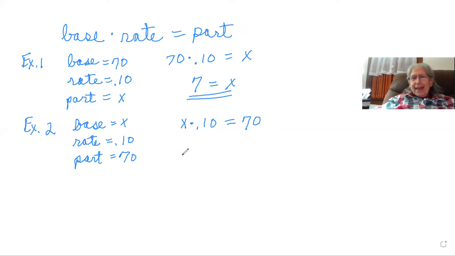Now, we want the X alone. X is currently not alone because it's multiplied by this 0.10. We want X alone. So we do the opposite of multiply by 0.10. We divide by 0.10.